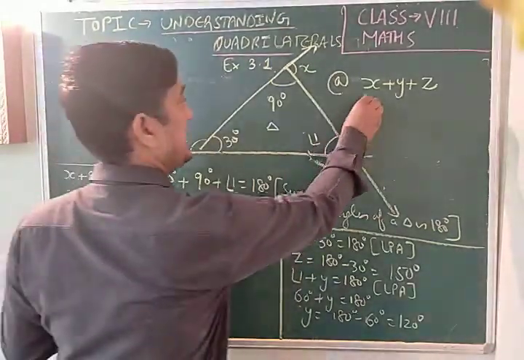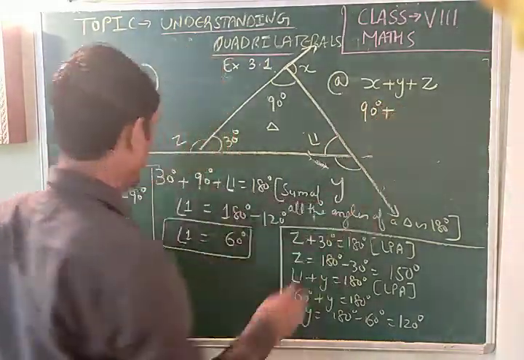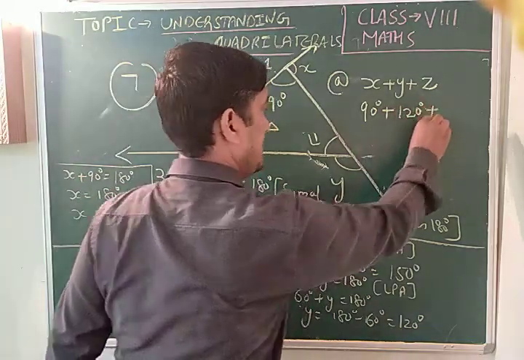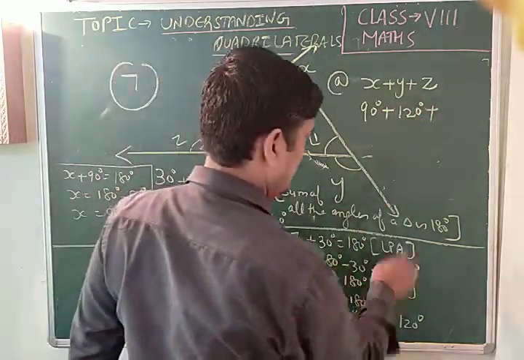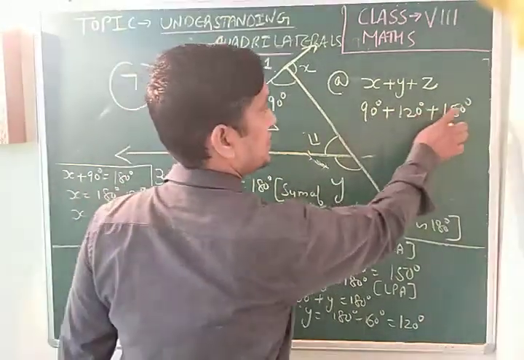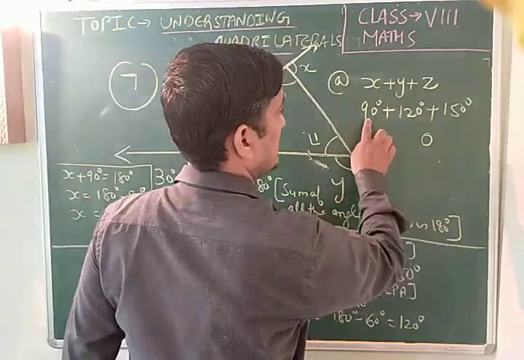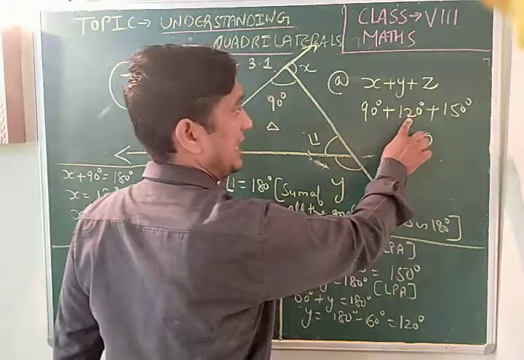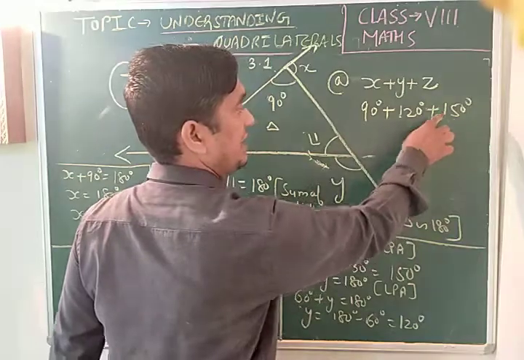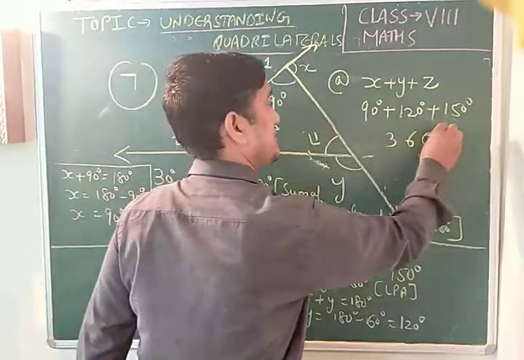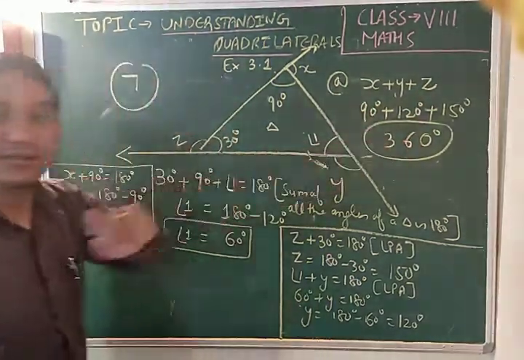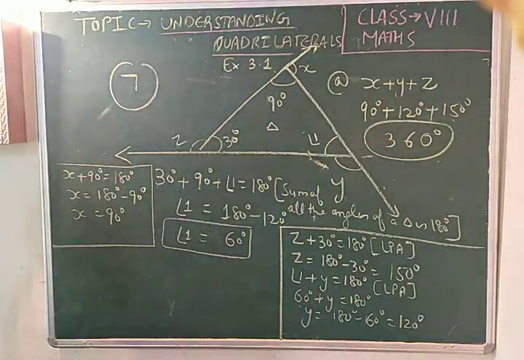X is 90, y is 120, z is 150. Now add. If we add this, 0, 0, 0, 9 and 2, 11, 11 and 5, 16, 6, 1 carry, 1 plus 1, 2 and 1, 3, 360 degree. Look, x plus y plus z is 360 degree.